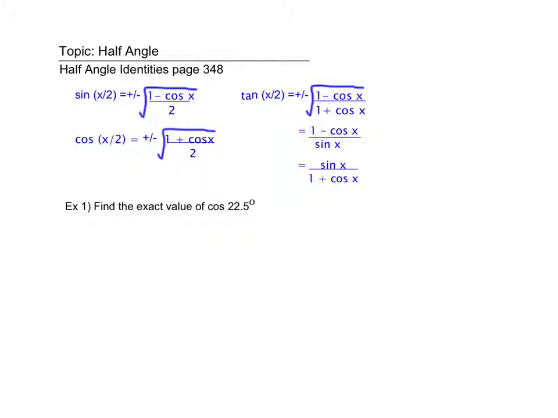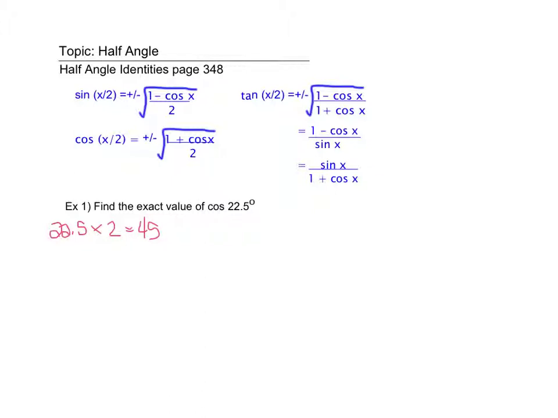So let's start by looking at two examples where we're trying to find an exact value. If they say exact value, again, that means don't round it, so I don't want to use my calculator. And 22.5 is not on my unit circle. But if I think about what is 2 times 22.5, well, that's 45, and 45 is on my unit circle.